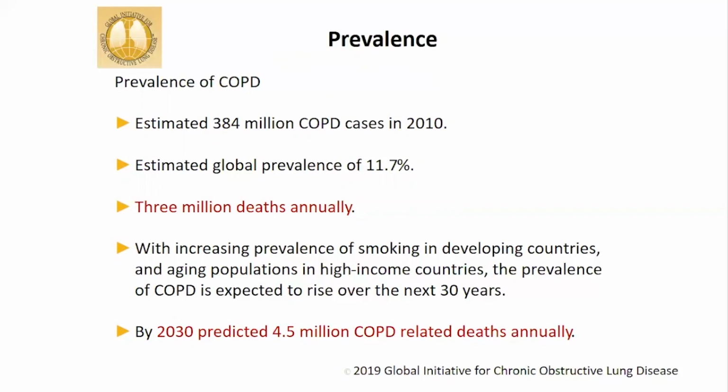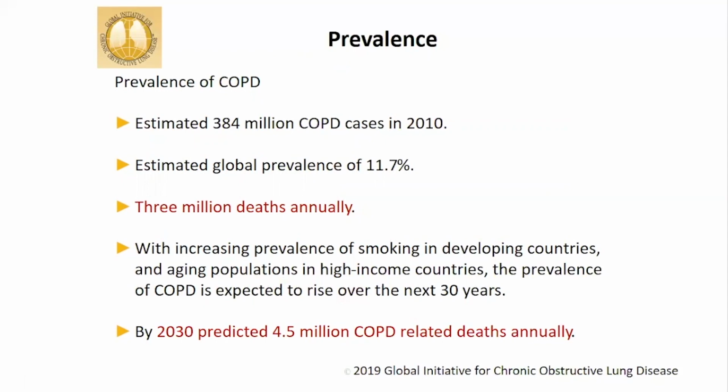Right now, we are all scared of COVID because the prevalence is rising, and globally, there are more than 9 million cases with about 500,000 deaths. But you can see here that the mortality in COPD is much, much higher. So that's 3 million deaths annually, every year. Now, with the increasing prevalence of smoking and other exposures in developing countries, the prevalence of COPD is expected to rise even more in the next 30 years.